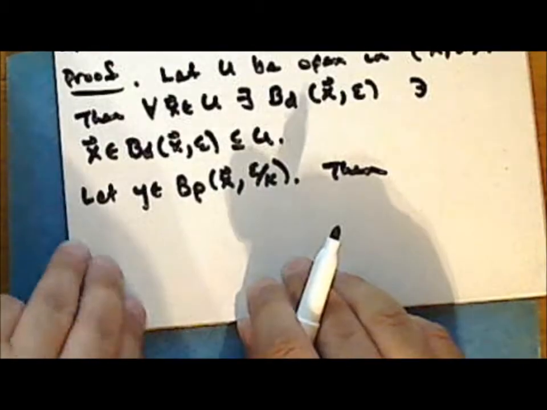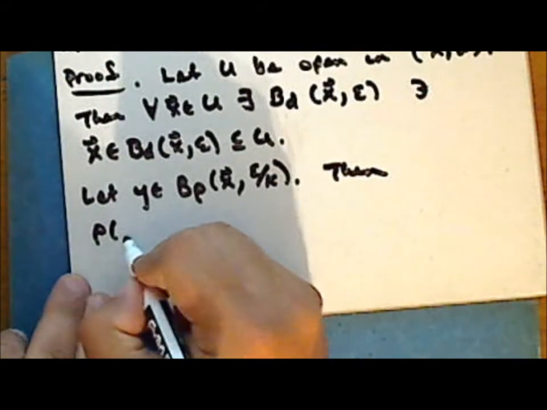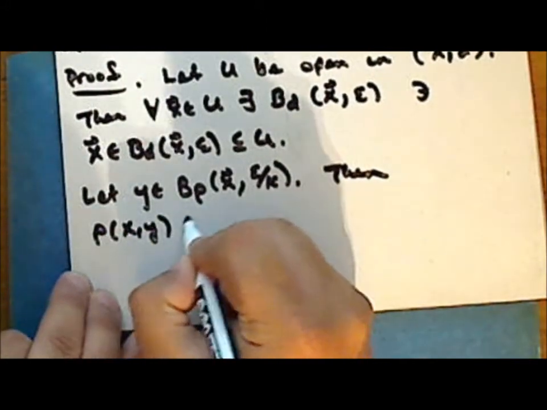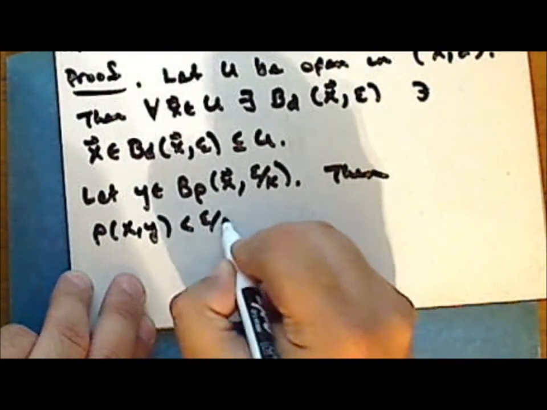Then the distance in the metric rho from x to y is less than epsilon divided by k.